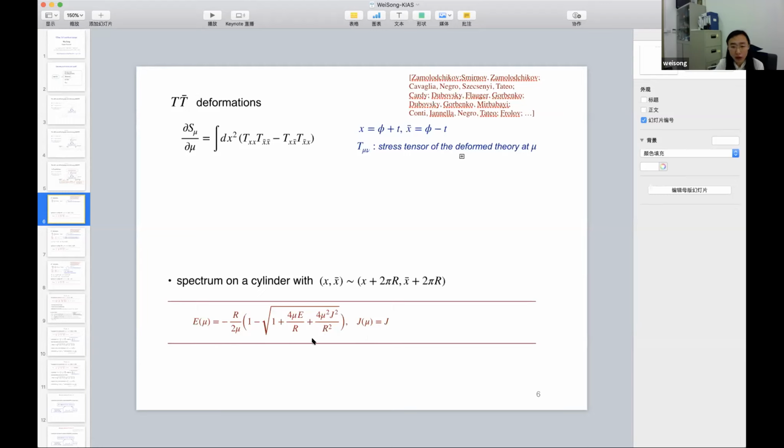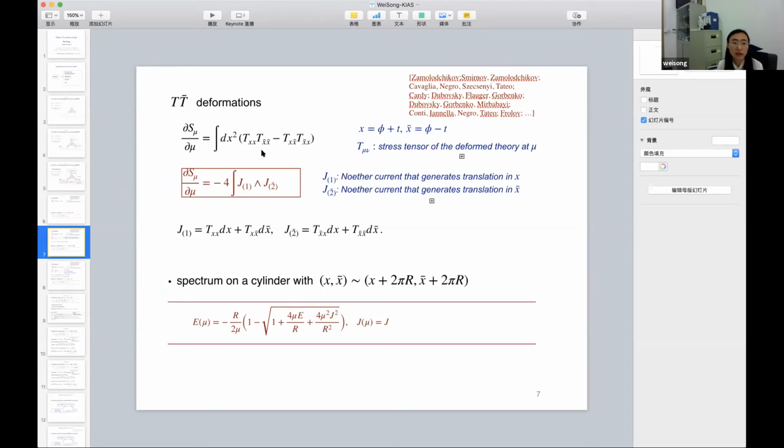And for further convenience, I would like to write this TTbar deformation in such a way using the two Noether currents, namely J1 is the one form that corresponds to the translation symmetry along X, and J2 is the translation symmetry for X bar.